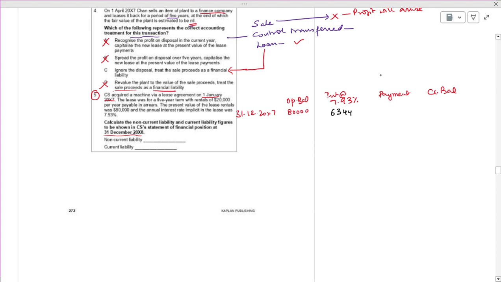Payment, the lease payments, are 20,000. Closing balance is 86,344 minus 20,000, which is 66,344.